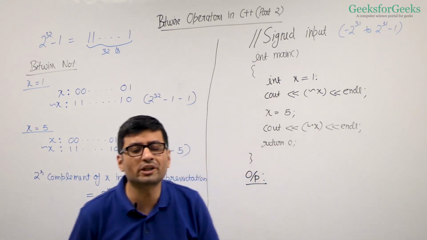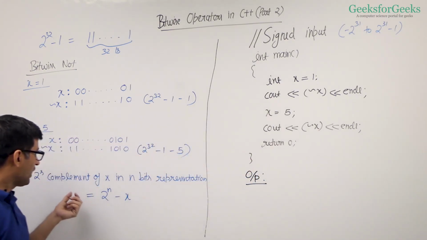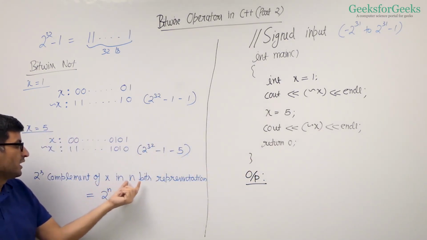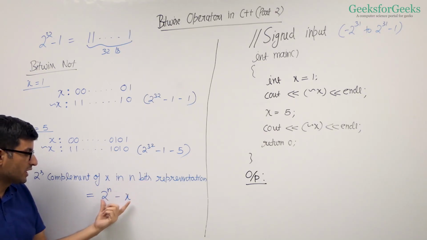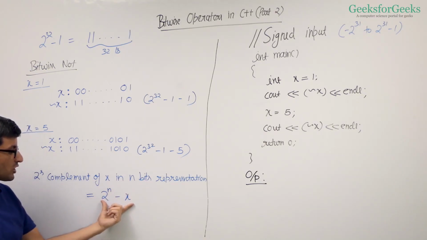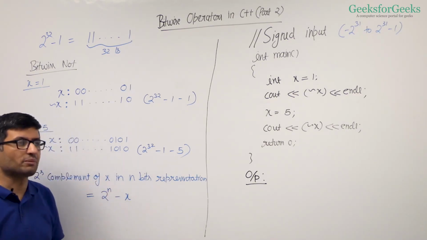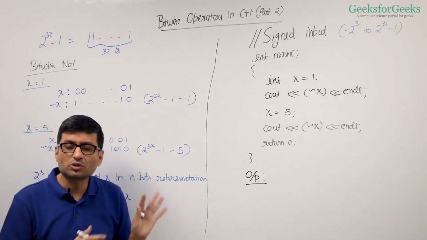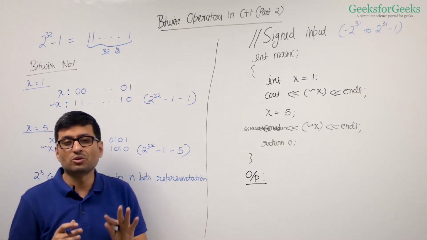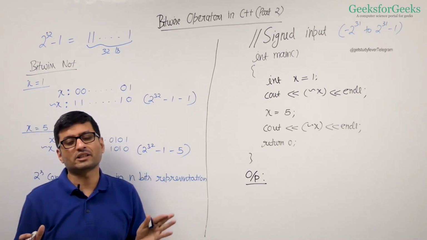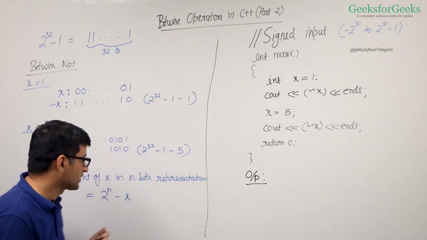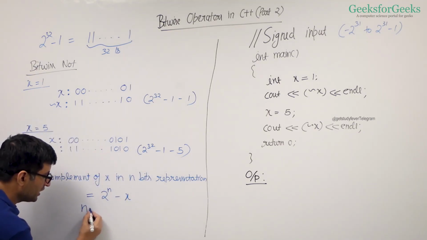So what is 2's complement representation? If you have a number x in n-bit representation, then its 2's complement is 2 raised to the power n minus x. Consider a 3-bit representation, just to simplify the example, say you don't have 32 bits to represent a signed number, you have only 3 bits. So n is 3.